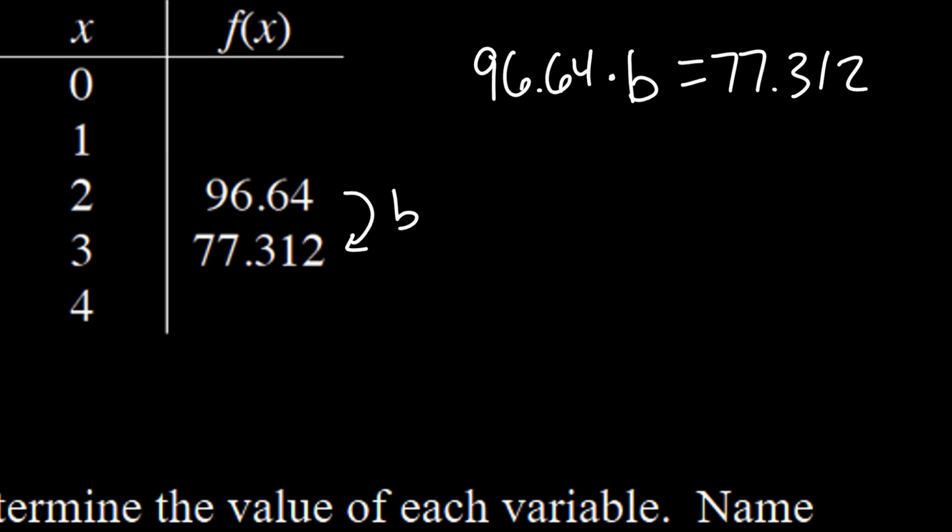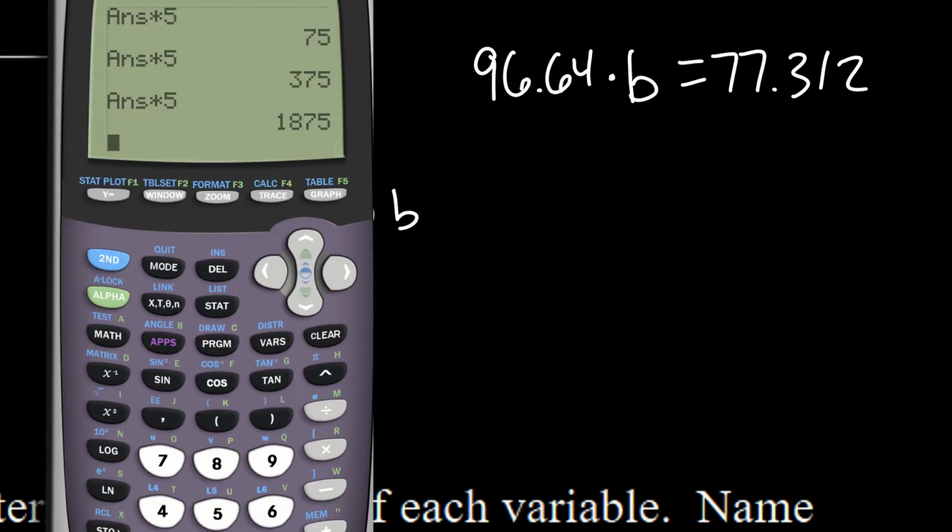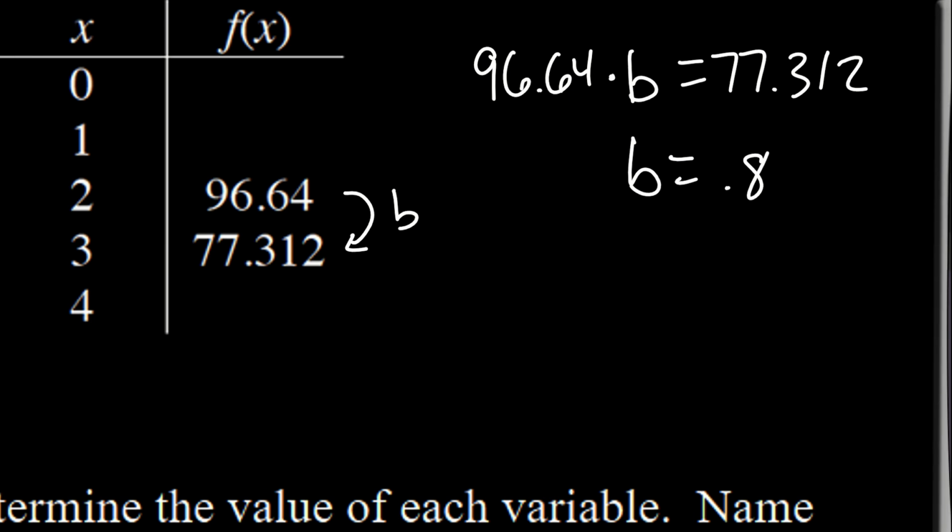So in order to solve that, I'm going to divide 77.312 by 96.64, and I'm going to get 0.8. So my multiplier is just 0.8. Nice to know, because now I can go backwards in time. If I'm going forward by multiplying by 0.8, I can go backwards by dividing by it.